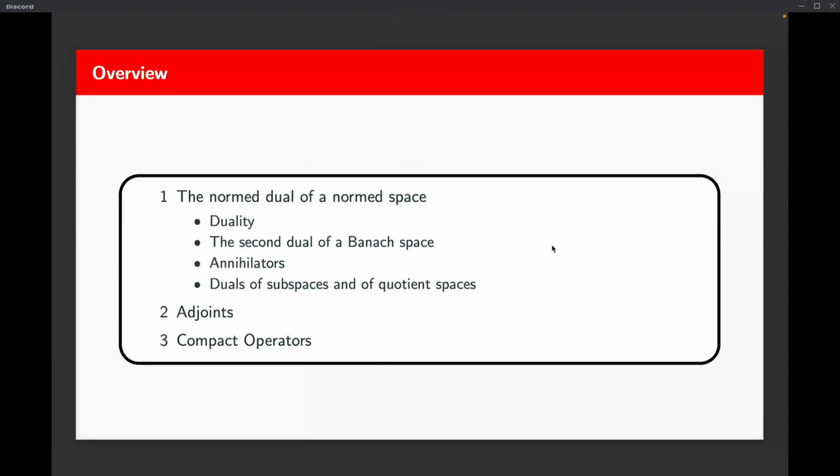These are basically some of the more nicely behaved operators on a Banach space, in that they behave more like operators on finite dimensional linear spaces than other classes of operators on Banach spaces. So we'll talk more about that as well.